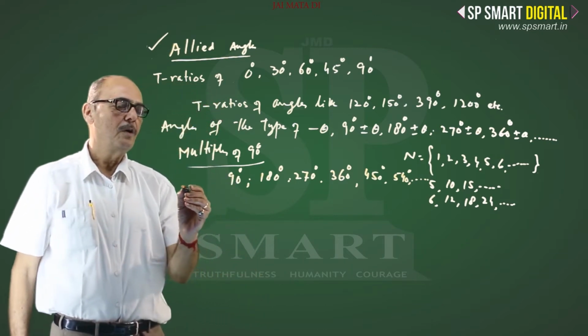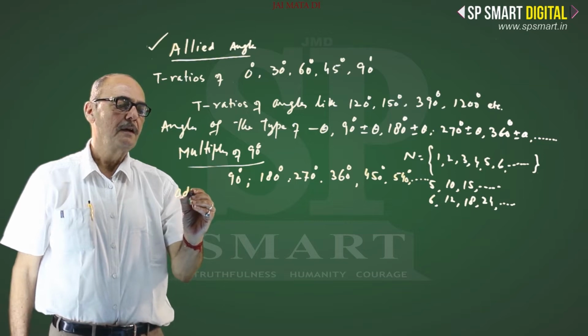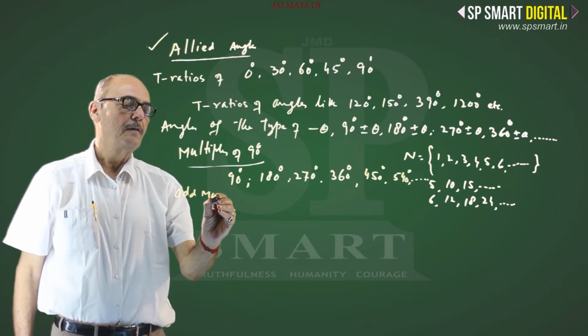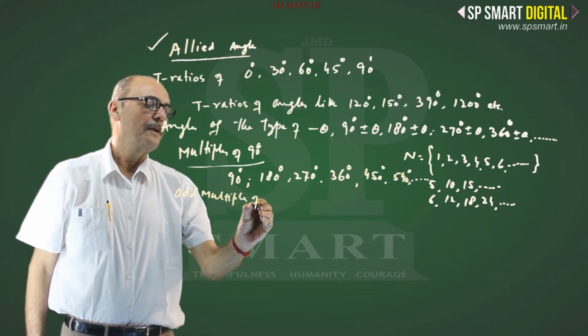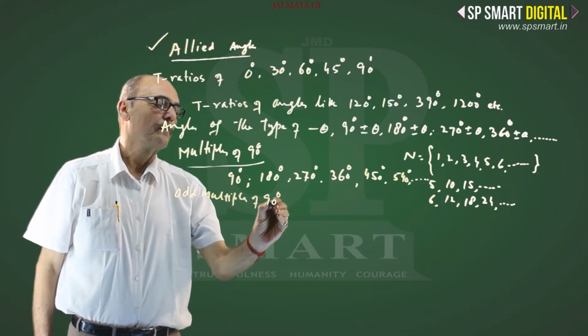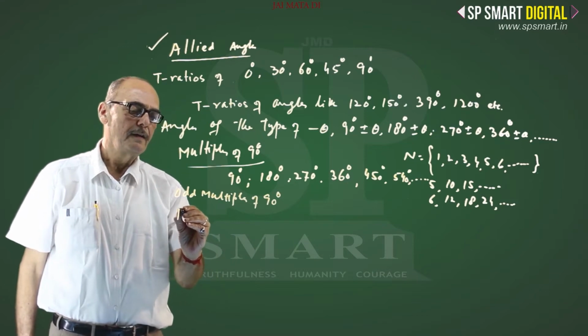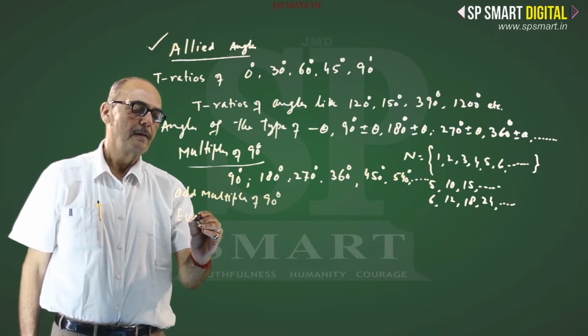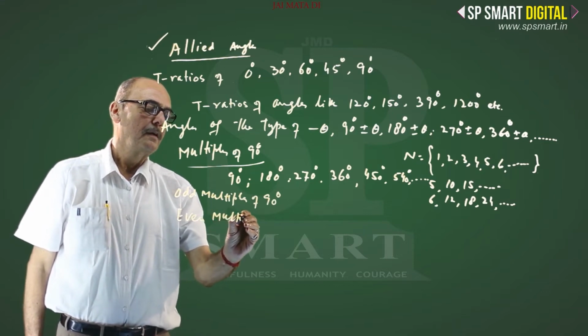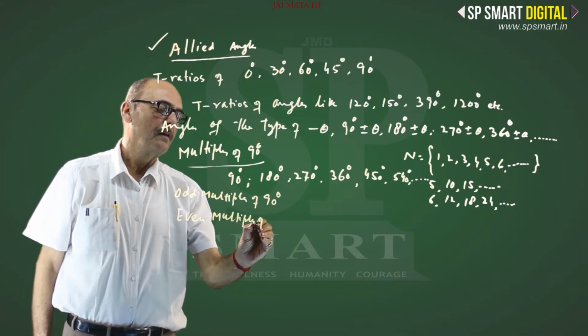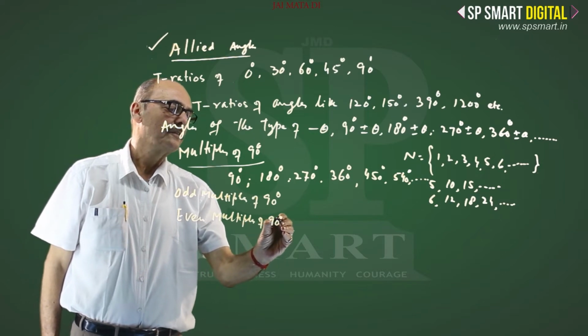Here at this stage, we categorize them as odd multiples of 90 degrees and even multiples of 90 degrees.